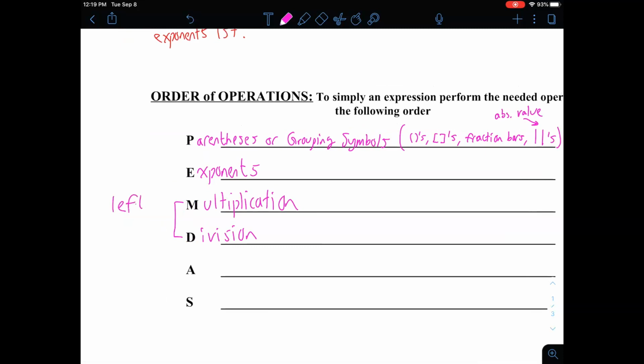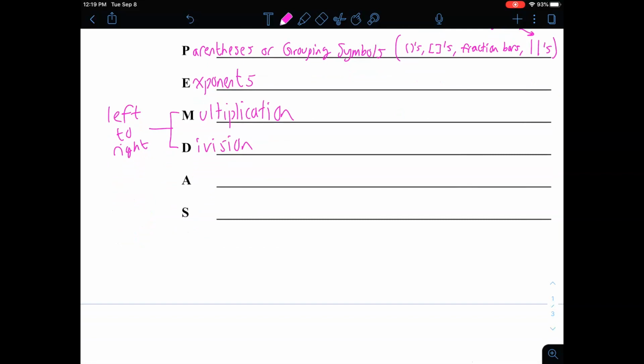We need to work what to what? Left to right. Got to work left to right with multiplication and division. What's the A stand for? Addition. And the last one, S, subtraction. Same thing here. We've got to work left to right.